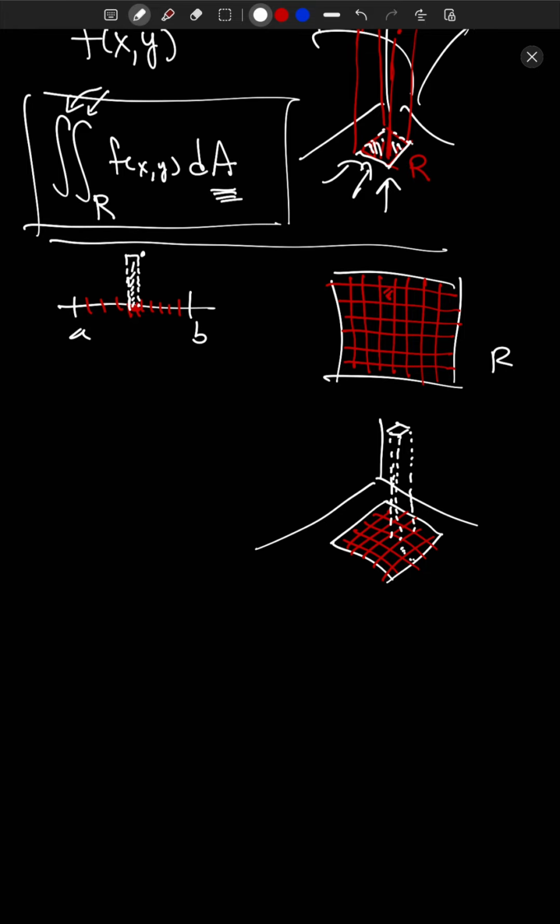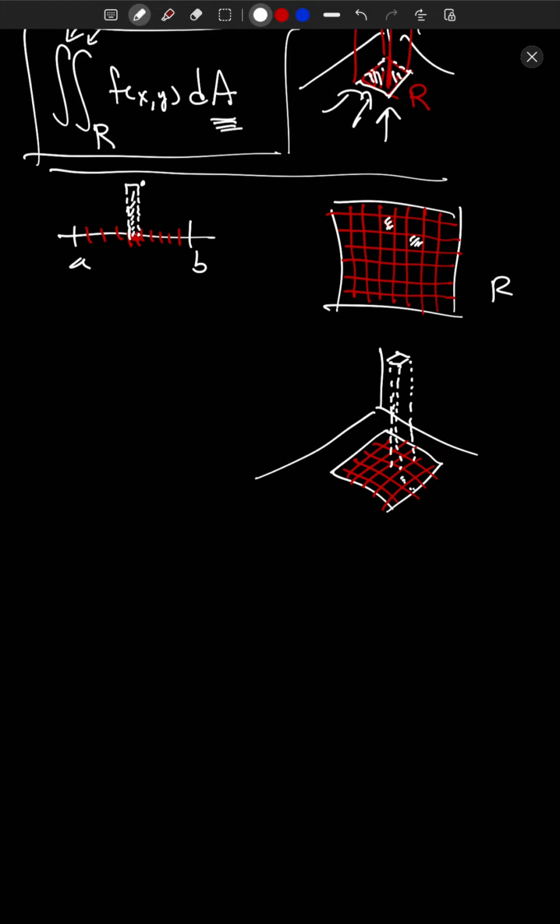Okay, so that's the core idea, right? And again, as usual, this you can think of as an estimate for the volume. And then as you let these rectangular boxes, as you let their sizes go to 0, your estimates get more and more accurate. And in the limit, you get the actual volume underneath the graph.